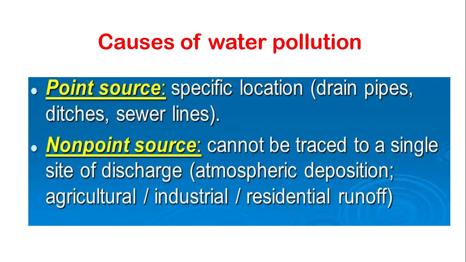When we talk about point sources, it means we can know the specific location where it comes from, for example, from a drain pipe, ditch, sewer lines, etc. But non-point sources of pollution means we cannot know the location. We cannot notice where it comes from. It can come from everywhere. Okay, for example, it comes from agriculture, industrial, residential, runoff, etc.